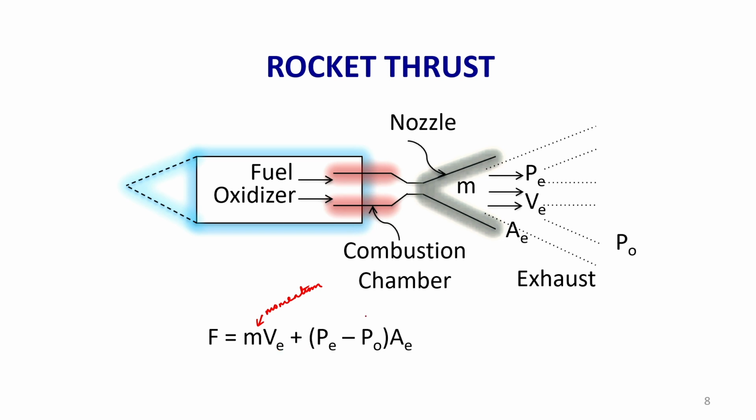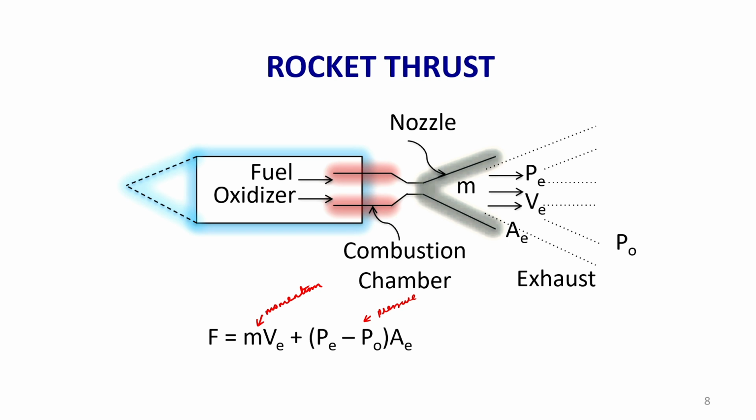The other is the pressure thrust, which is the difference between the exit pressure P and P naught multiplied by the exit area. The total thrust is the summation of thrust due to momentum and thrust due to pressure.